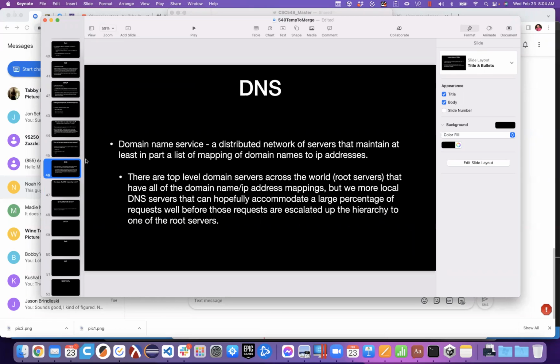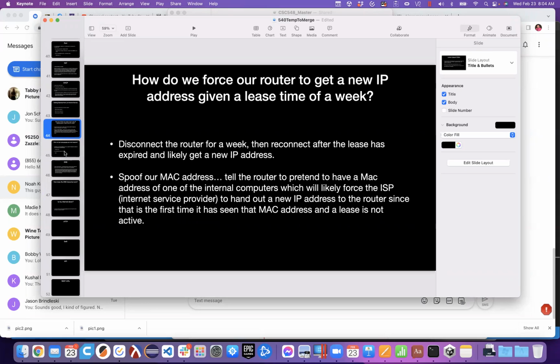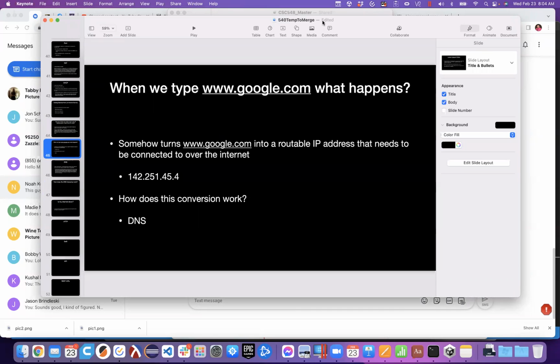Okay, so last time we were talking about DNS. So the idea of when we type in www.google.com, what actually happens? There is some sort of lookup.